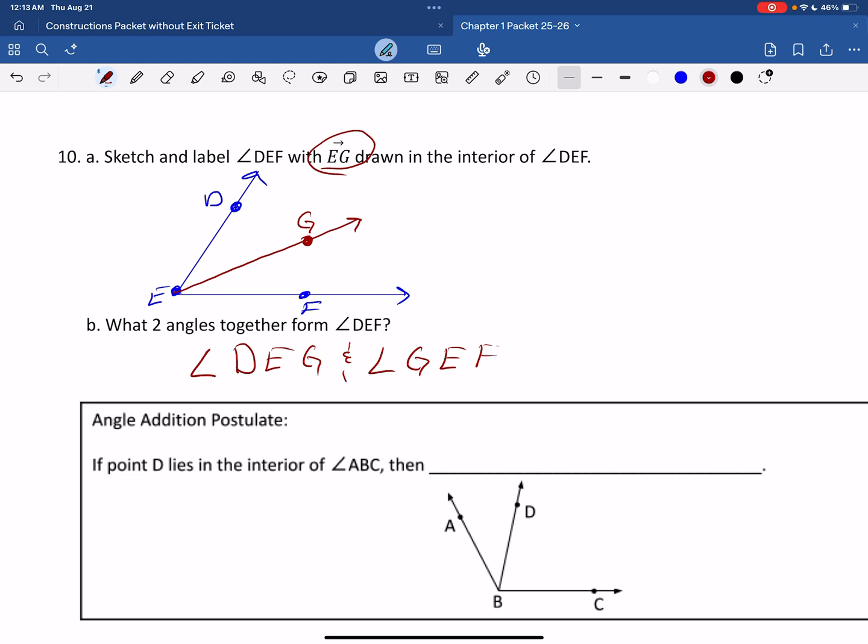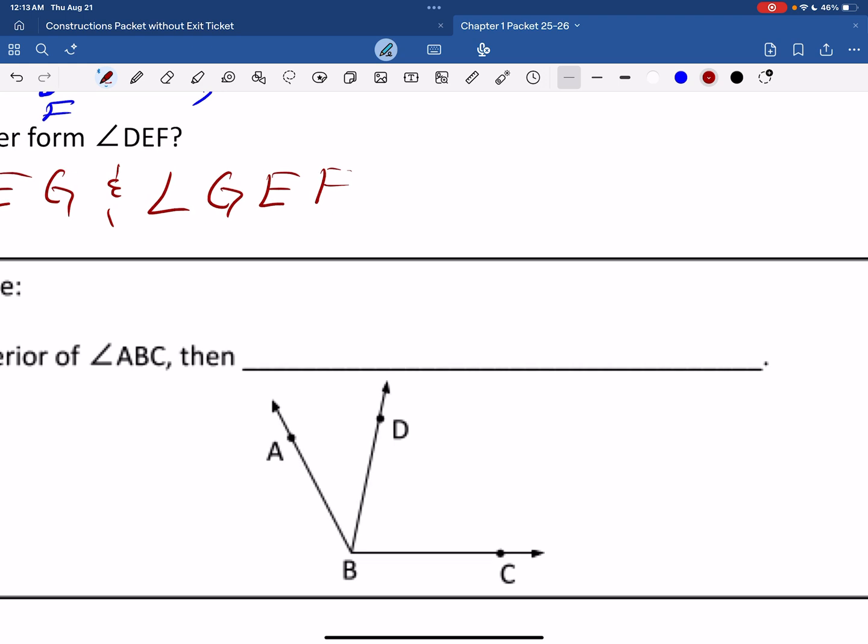All right, now there's a slight difference in the way you write the angle addition postulate. I'm going to explain it a little bit more when I see you next, but it acts exactly the same. But down here, our two angles are ABD and DBC, and when you combine them, you get ABC.